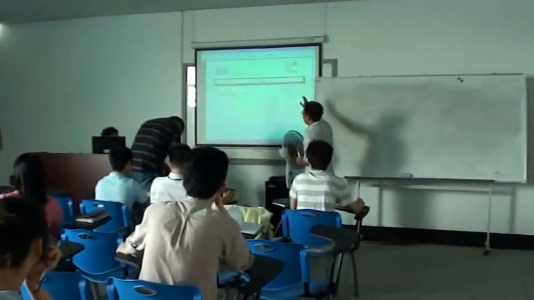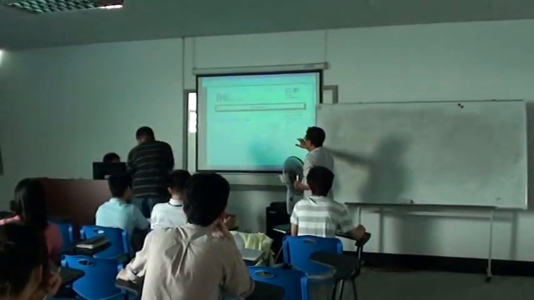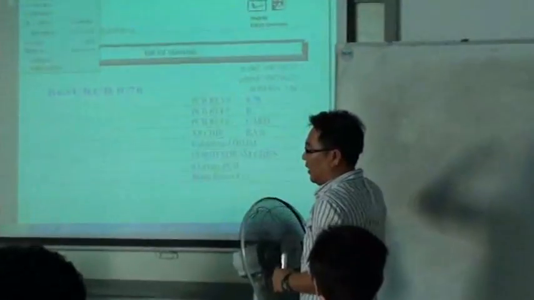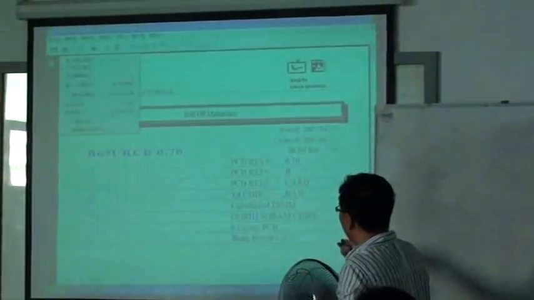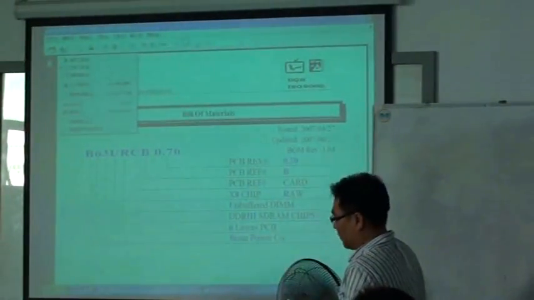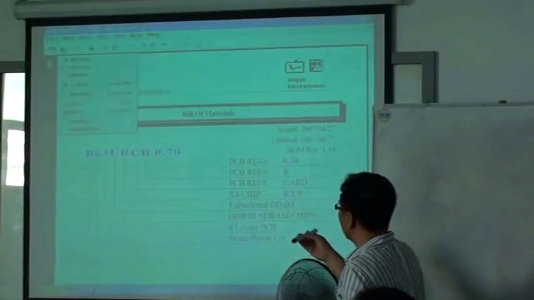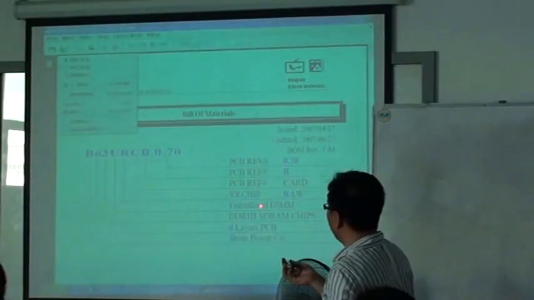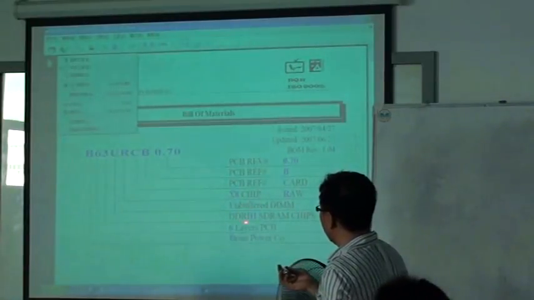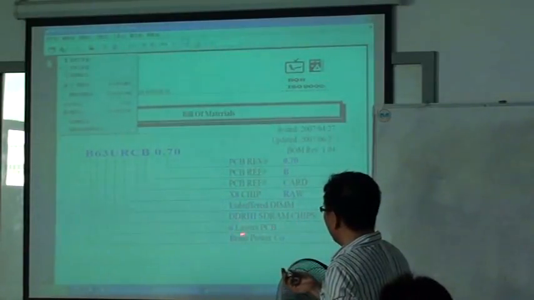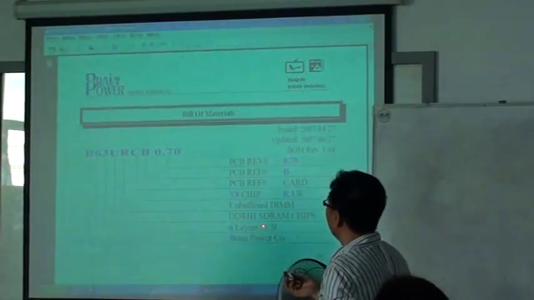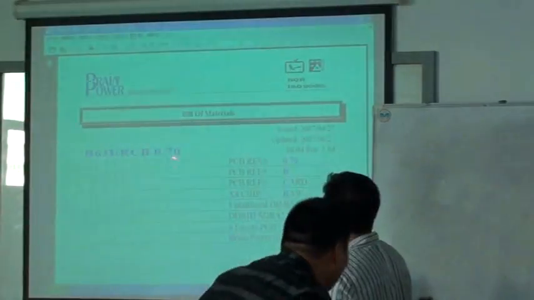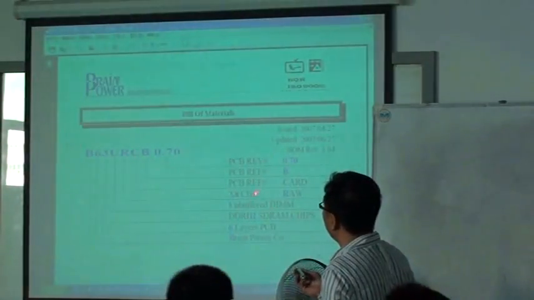This is the file that we use to select the DRAM and to select the PCB. You see, we select the unbuffered DDR3 DRAM chip. The PCB is 6 layers, and this is the part number ordered from the PCB vendor.